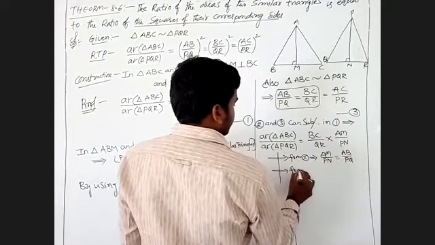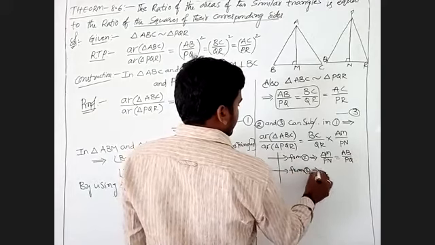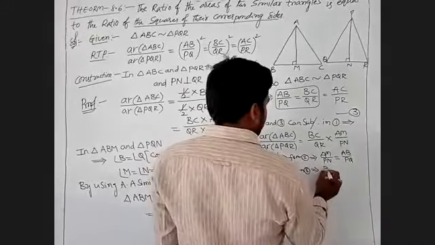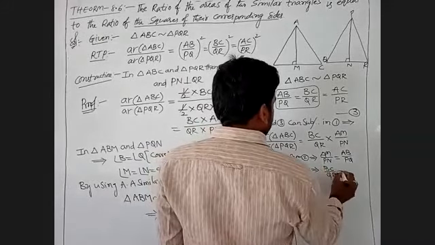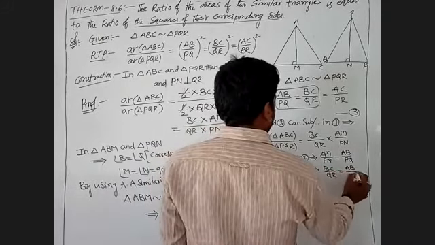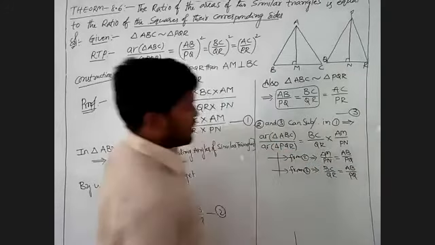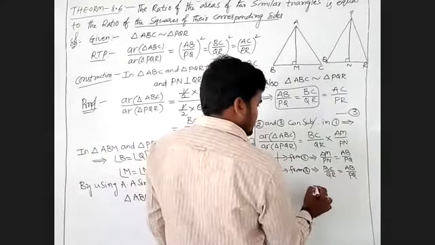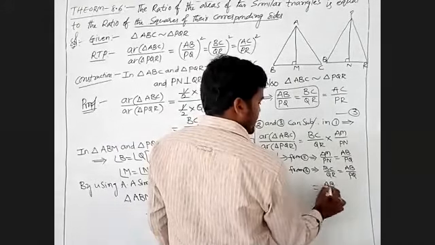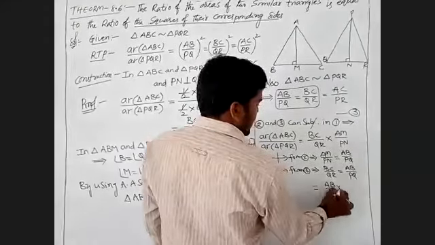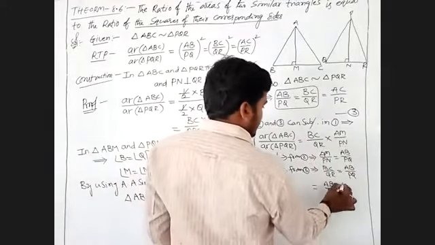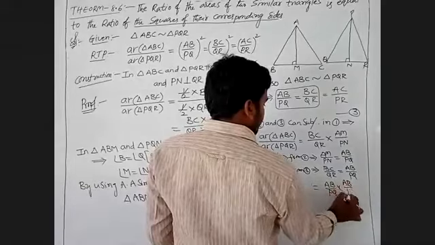From 3, BC by QR is nothing but AB by PQ. We have to substitute in this one. BC by QR is nothing but AB by PQ, and AM by PN is nothing but AB by PQ.